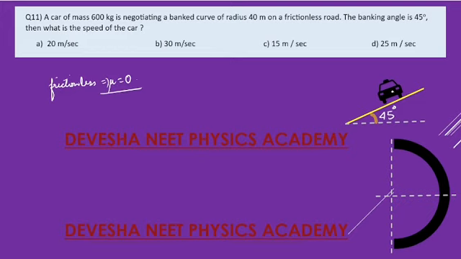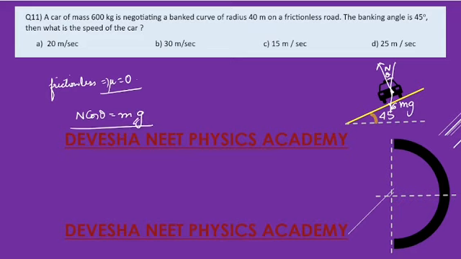So now if you look at this car, then we saw earlier that the normal reaction will be like this, right? And this will be theta, and this will be mg. So it means n cos theta is equal to mg.